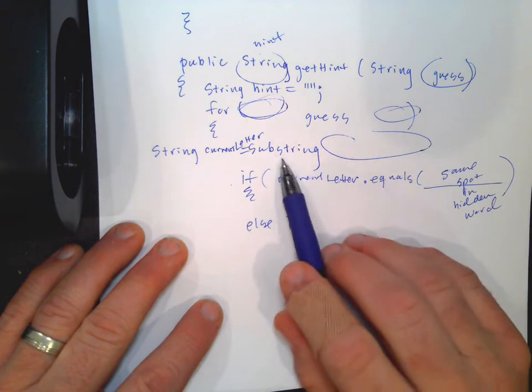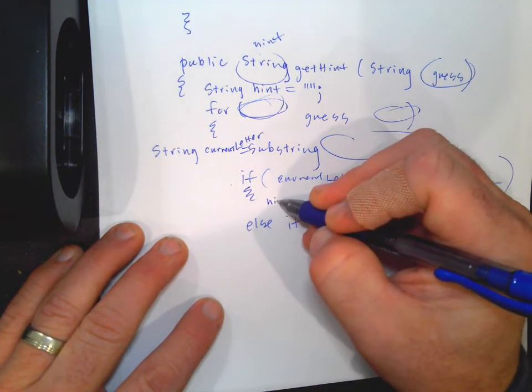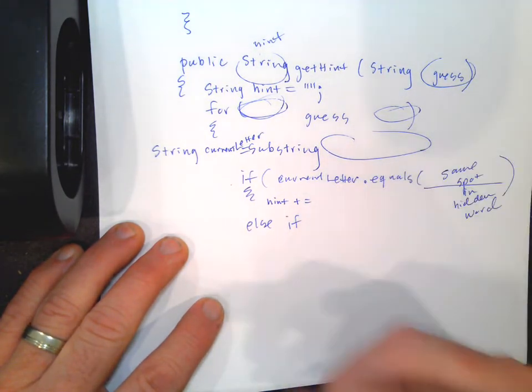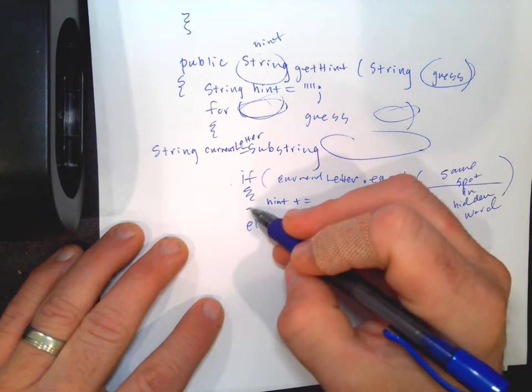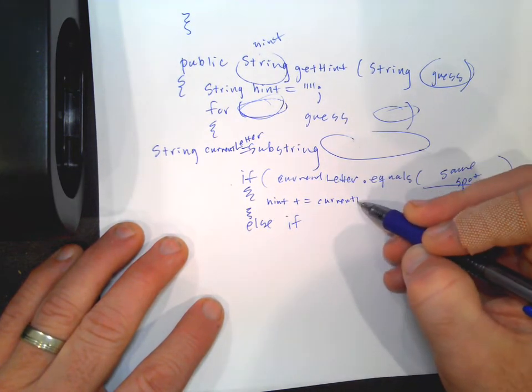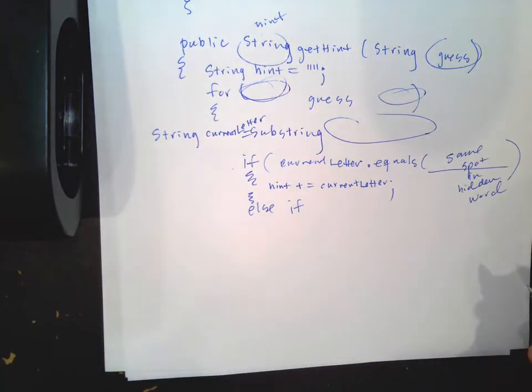And then when we get the current letter, if it got right, then we could say hint plus equals. We want to do plus equals because we're going to go through each letter, and hint plus equals the current letter. If they got it right, then we put that letter in the hint, right? Okay, so that's one thing. They get it perfectly right.